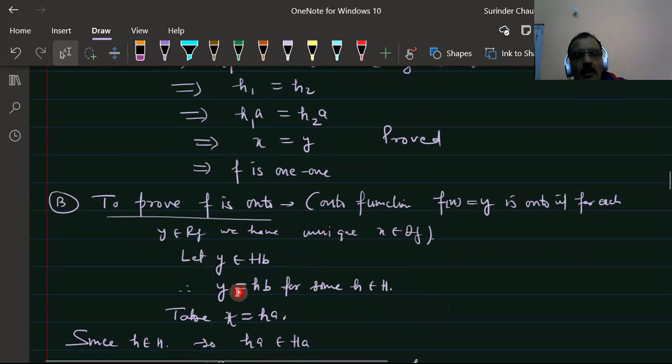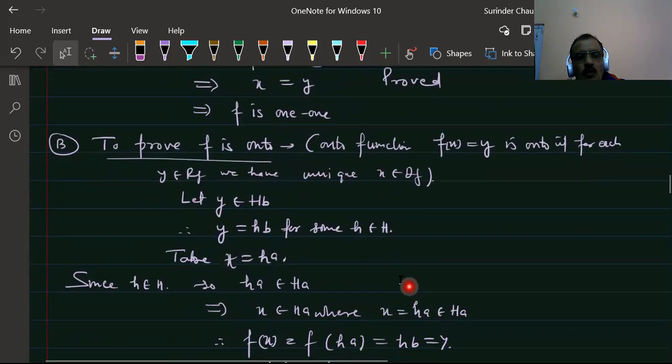If y belongs to Hb, y will be of the type hb for some h belonging to H. Now we want to find its pre-image. Let us take x equal to ha. Since h belongs to H, ha belongs to Ha. So x belongs to Ha, where x is equal to ha.